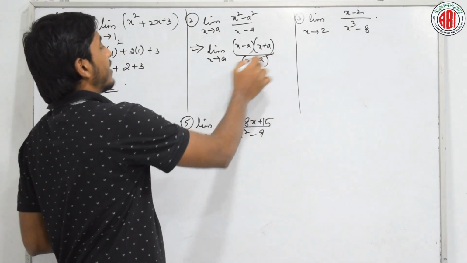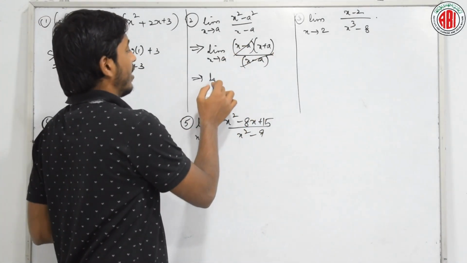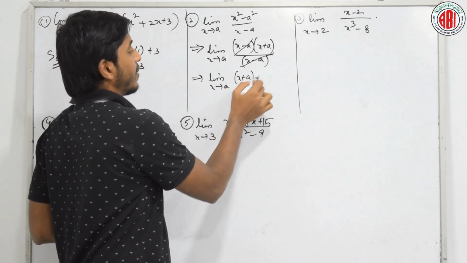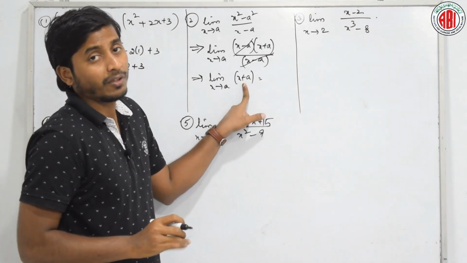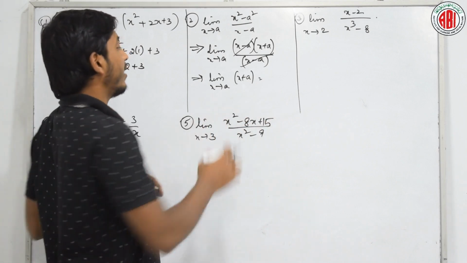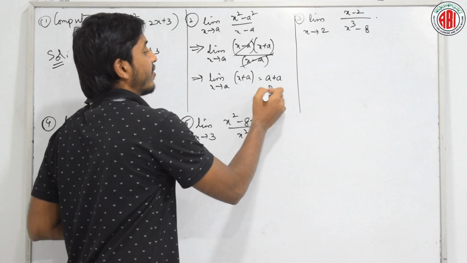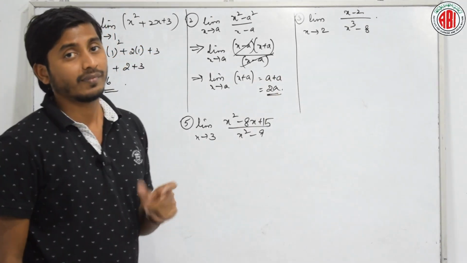Now tell me, can I cancel these both? This will be limit x tends to a, nothing but x plus a. Now just tell me, if I substitute the value of a instead of x, what will it be? Will it not be a direct answer? Yes, it is. Therefore, instead of x, if I substitute a, this will become 2a. That is my answer. Is it clear?